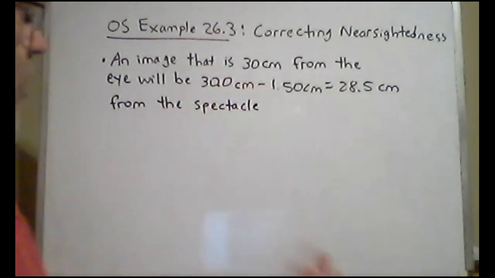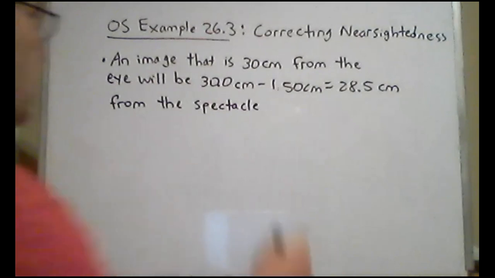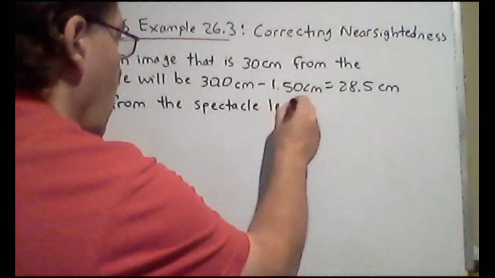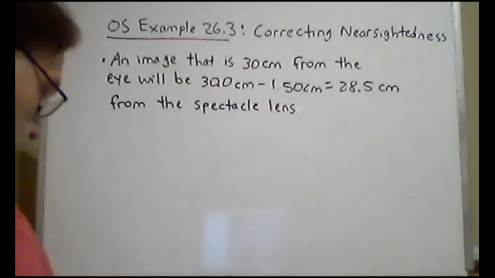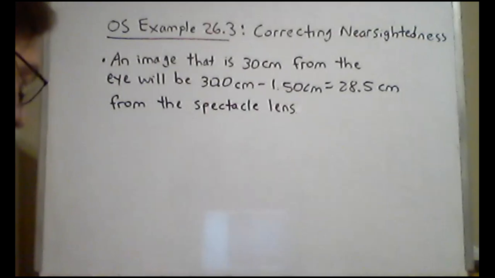We really care about what's going on at the spectacle lens when we make glasses. We need to understand where the spectacle lens is positioned with respect to the eye, and also with respect to the object. And so therefore we must get d sub I.